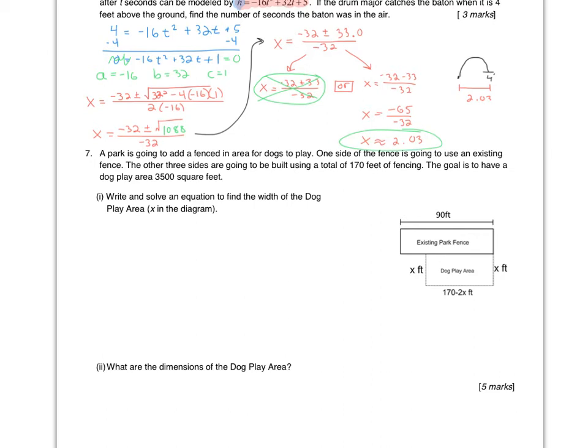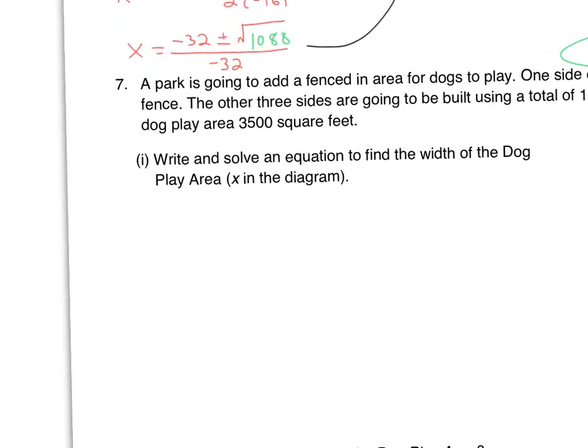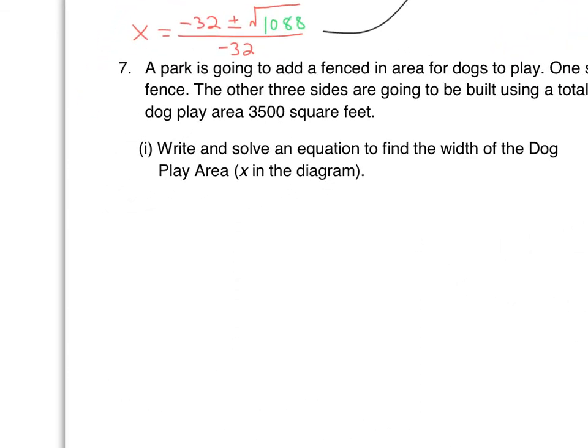Part 7I says to write an equation to find the width of the dog play area. So essentially what they're asking me to do there is solve for x. We're going to rely on a little bit of info from geometry, and that is the area formula for a rectangle, which is length times width.